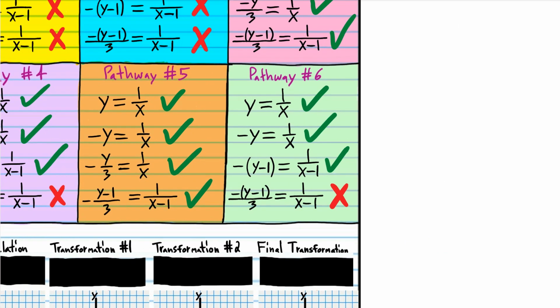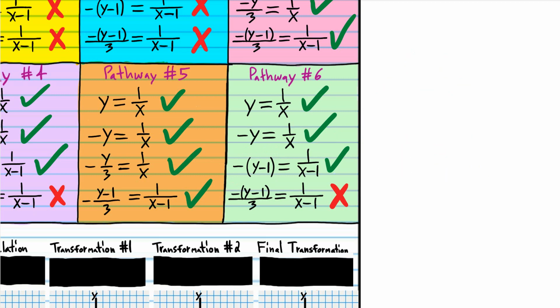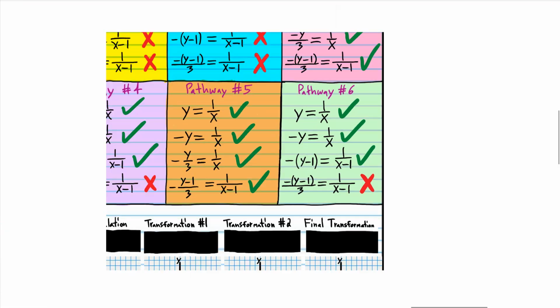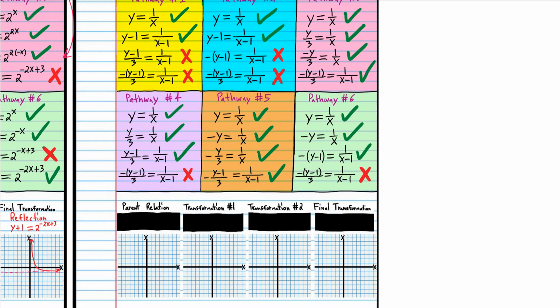If we were just dividing y by 3, if we transformed this expression or converted the form to this expression here, then that would tell us we just multiply all the y values by 3. But we're not just dividing y by 3. As you see there in red, we're dividing negative y minus 1 by 3. The transformation properties don't tell us what to do in that situation. So I'm going to use pathway number 5.